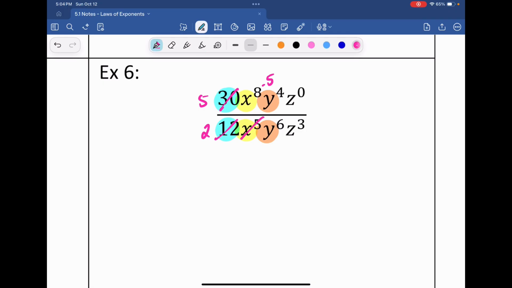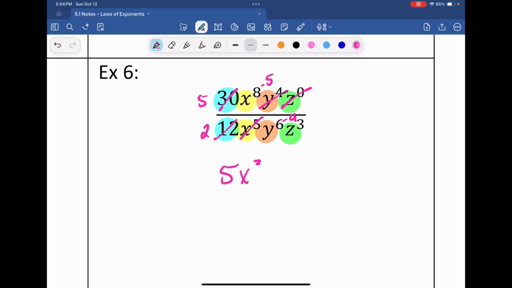This time the 4 is the smaller one. Subtract. Then you've got your z to the 0, z to the 3rd. Well, z to the 0 is 1, so I don't really need to do anything with it other than cross it out because it's 1. So you have 5x cubed over 2 y squared z to the third.